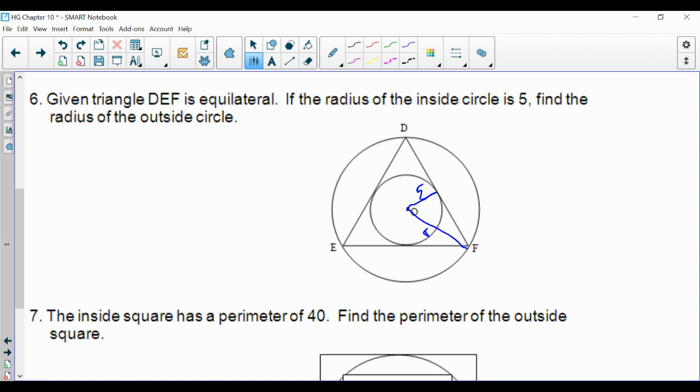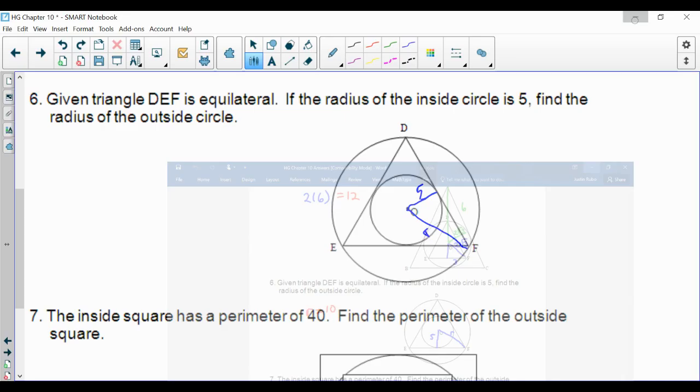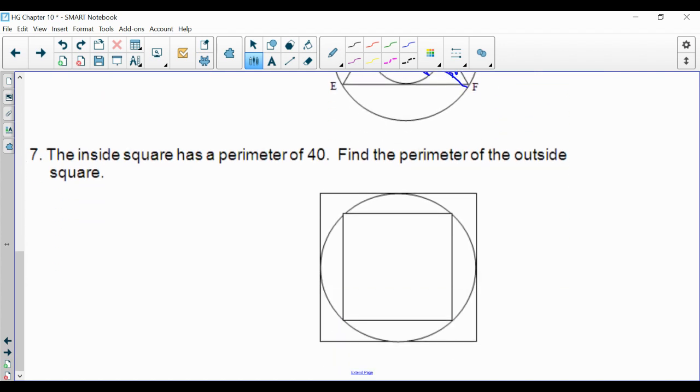But because it's equilateral, really nice thing is we get the 30, 60, 90, and so this is 30 degrees because it was 60 cut in half, so it's the x. This is a right angle, so this is double, so R is 10. Not a lot of work if you remember your 30, 60, 90 ratio.